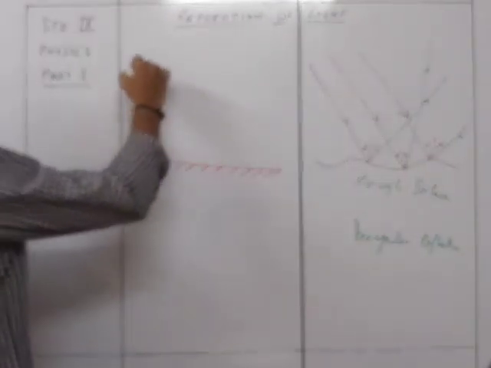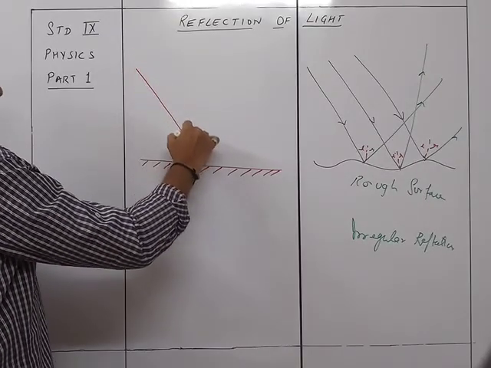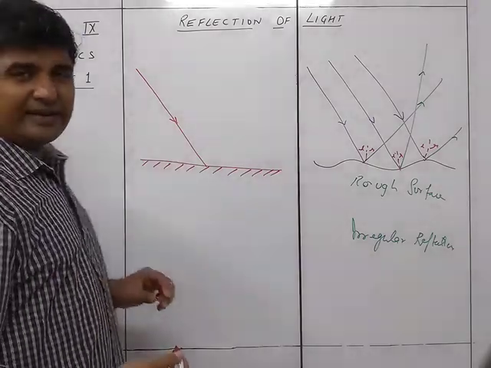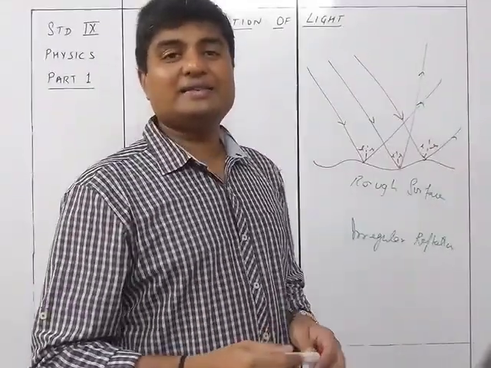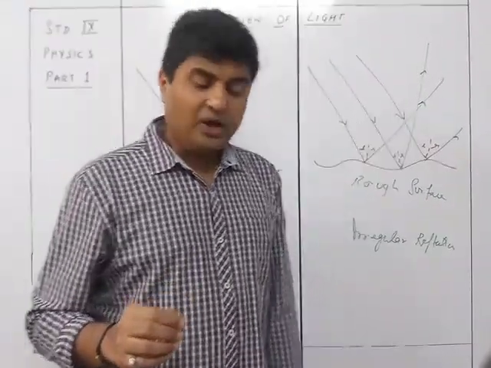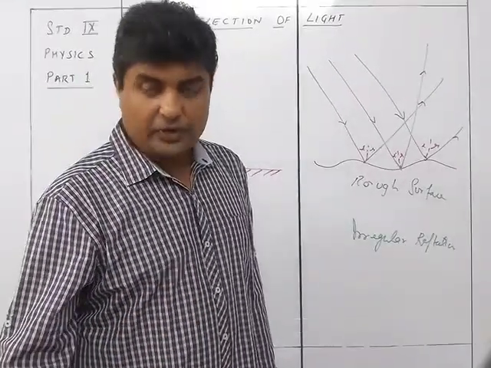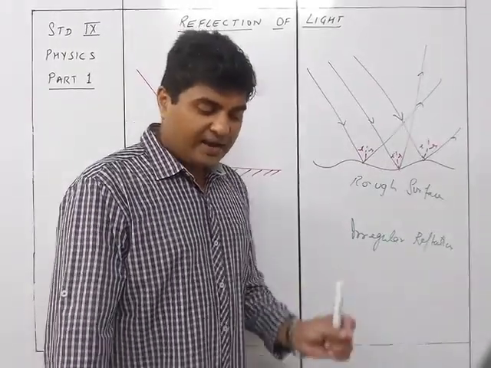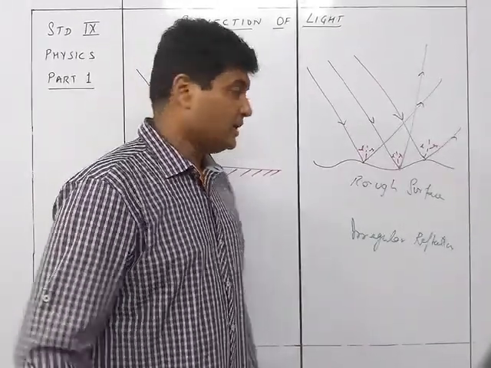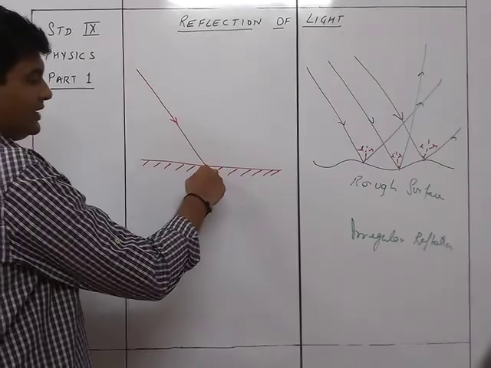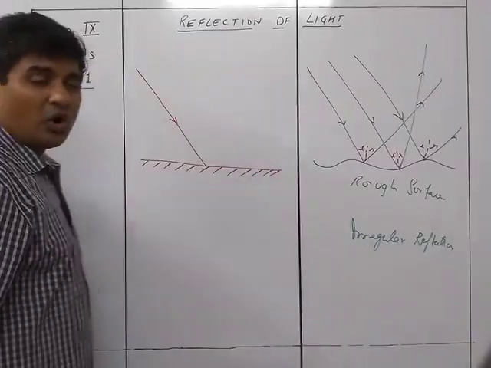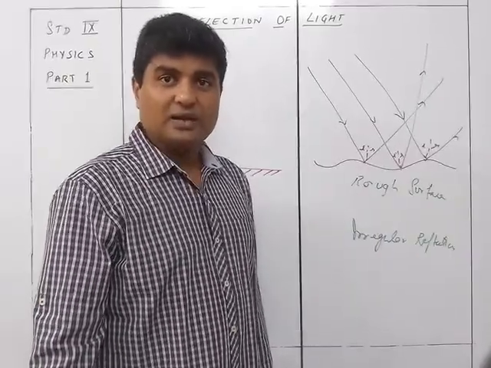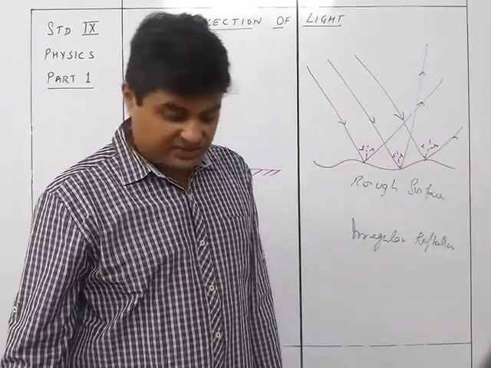Any ray of light which is hitting or striking the reflecting surface is called the incident ray. All these definitions are very important, you need to learn them by heart. So the light ray striking a reflecting surface is called the incident ray.